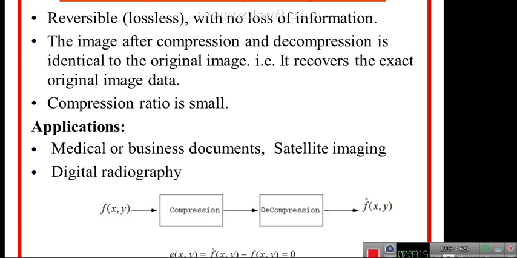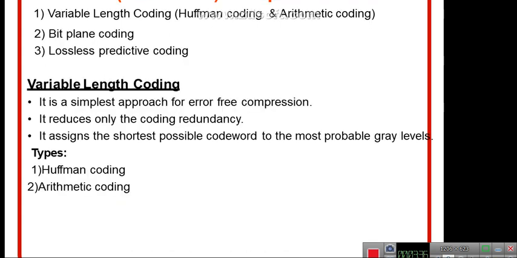It recovers the exact original image data, so the compression ratio is small. Lossless compression techniques are used in medical or business documents, satellite imaging and digital radiography. These are the major applications.